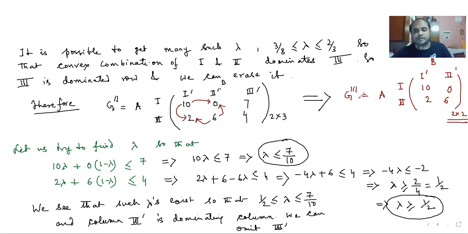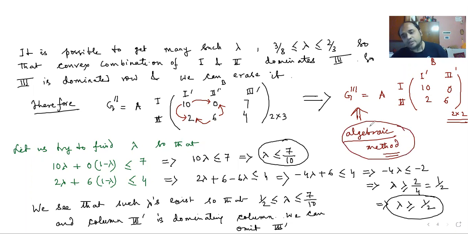Once the size of the matrix becomes 2 by 2, we can apply the algebraic method which I discussed in the previous class. You can find the probabilities with the formula which I derived in my earlier class. I'm not writing the formula because you can go through my previous videos and you'll find it, and probably it is in your copies also.